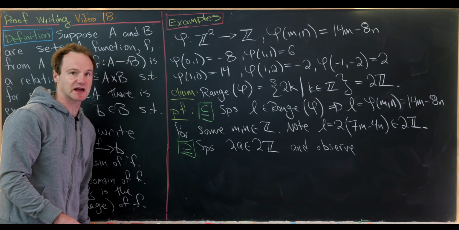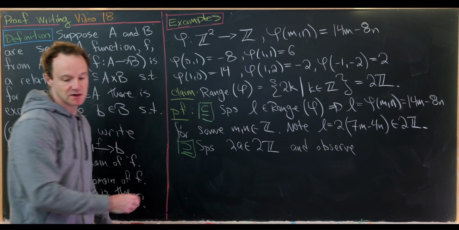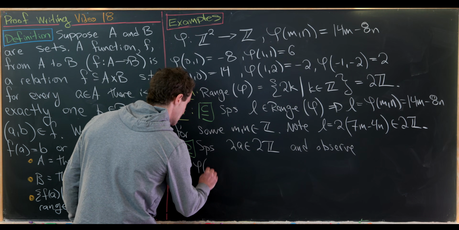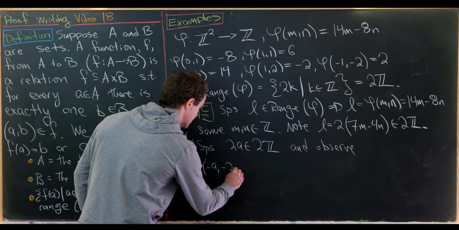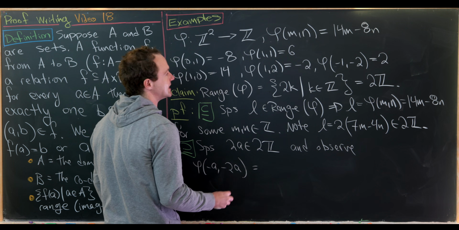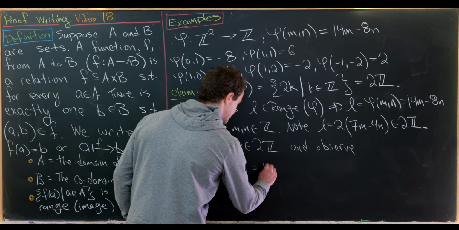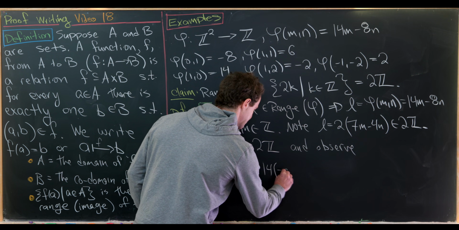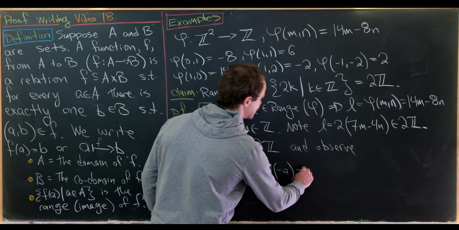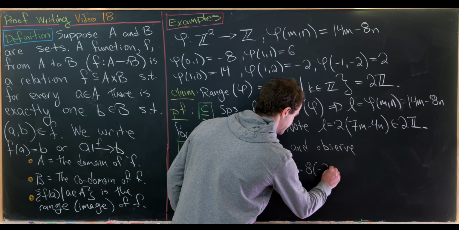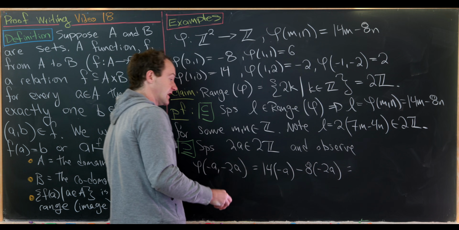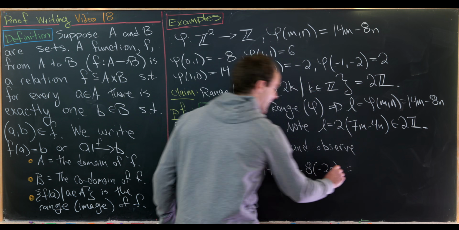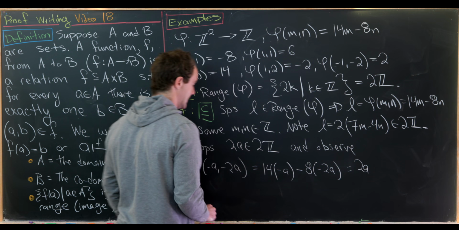This phi of (-1, -2) is 2. So if we have phi of (-a, -2a), that is equal to 14 times -a minus 8 times -2a, but after fairly simple calculation, we'll see that that is equal to 2a.